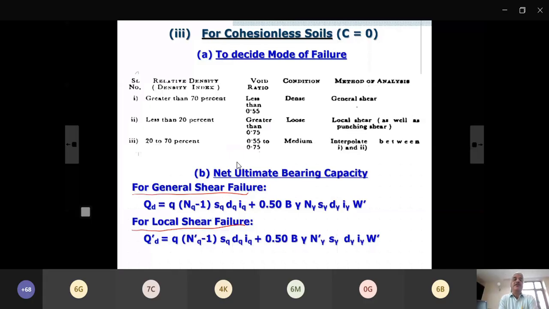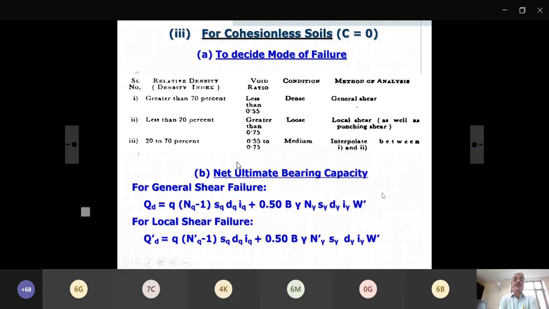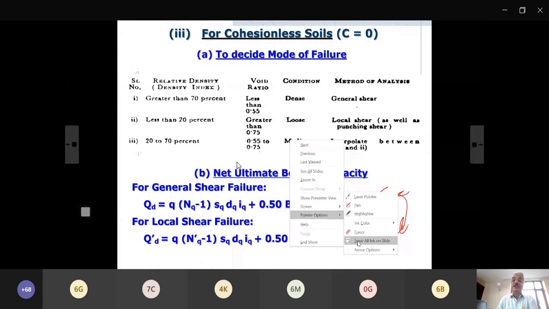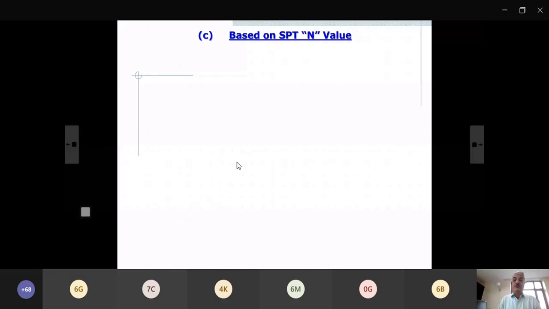Otherwise these equations are the same because your c value is 0. Depending on what type of failure is there, either you take this or you take this or you interpolate between both of them. So this is for c equal to 0, or granular or cohesionless soil.